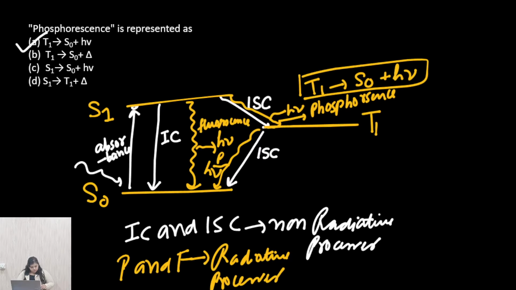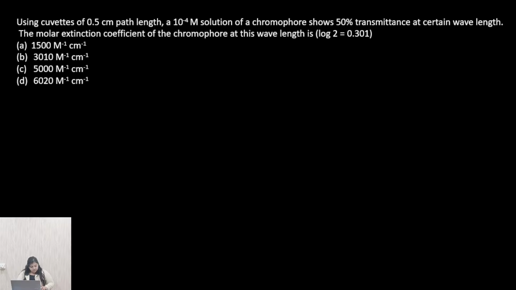Okay. So next one we have is this question. It says, using a cuvette of 0.5 centimeter path length and 10 raised to the power of minus 4 molar concentration of a chromophore shows 50% transmittance at a certain wavelength. The molar extinction coefficient of the chromophore at this wavelength is.